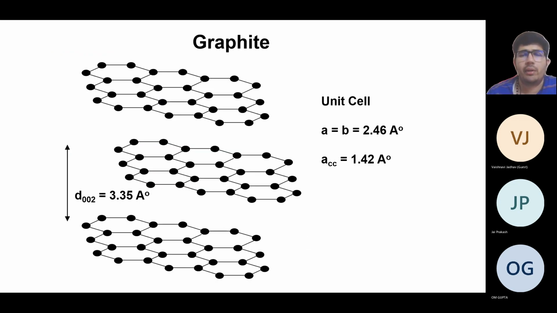Here you can see the graphite. This is the structure of graphite. This is a unit cell, and these are the lengths A and B. For more detail regarding this, please refer to the class videos.